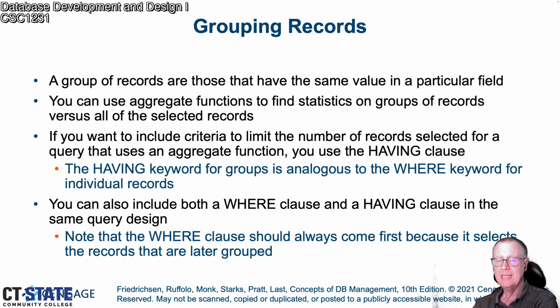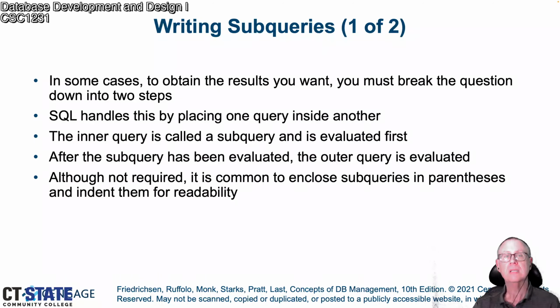Both WHERE and HAVING are usable in a single query, and we won't do it just yet, but we'll do a few examples about how to use WHERE versus HAVING.